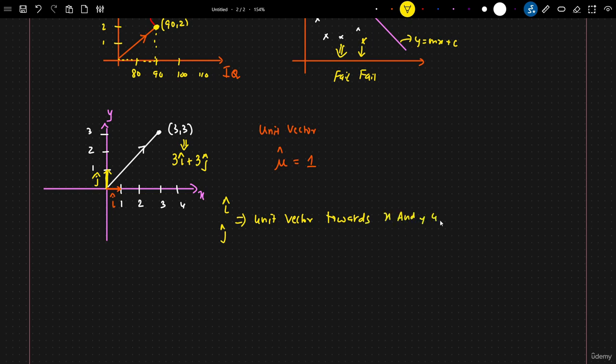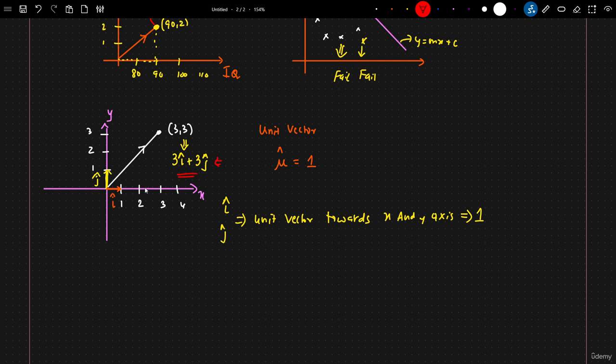What is the importance of this unit vector? We'll talk about it. But in short, this magnitude value is equal to 1. I will talk more about unit vectors and why they are important, but I really wanted to show you this representation: 3i, that is 3 unit vectors of i, plus 3 unit vectors of j. Why are we doing the addition?